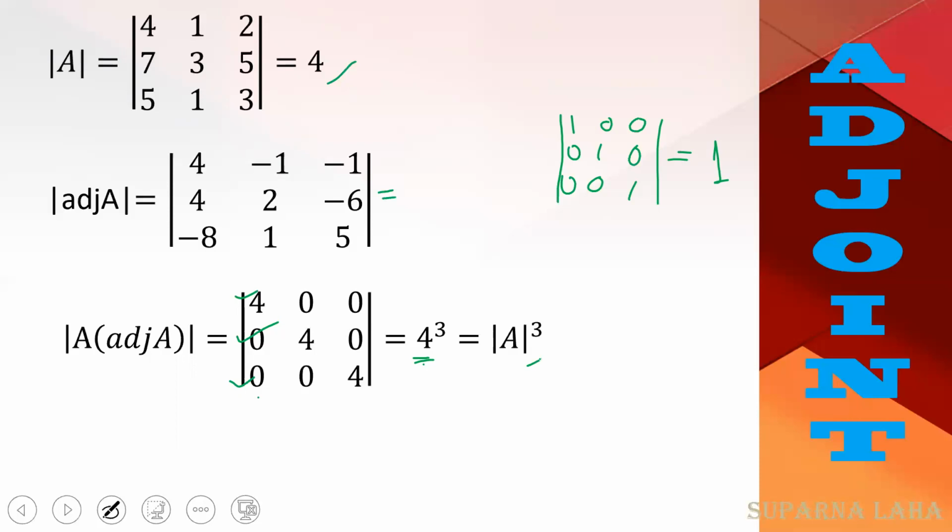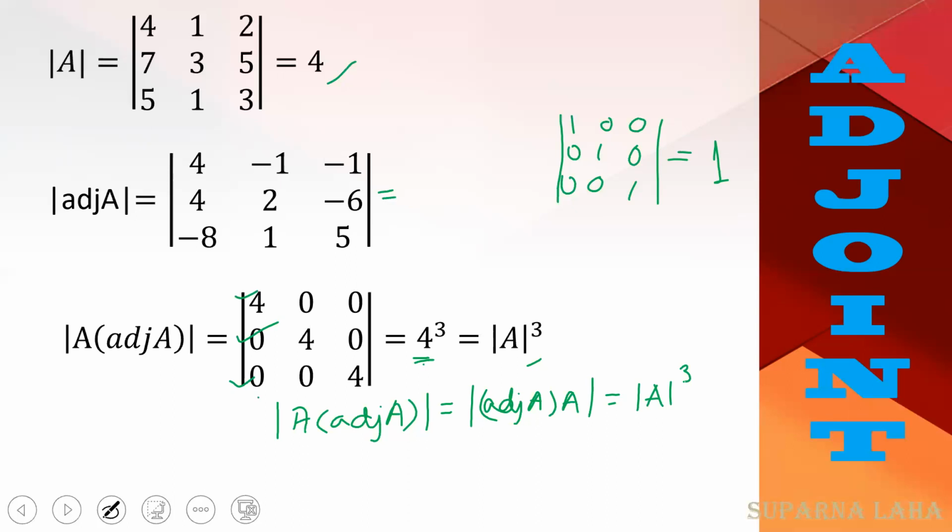So we can write here that A into adjoint A, its determinant, and adjoint A into A, its determinant, is given by determinant A, then its cube.